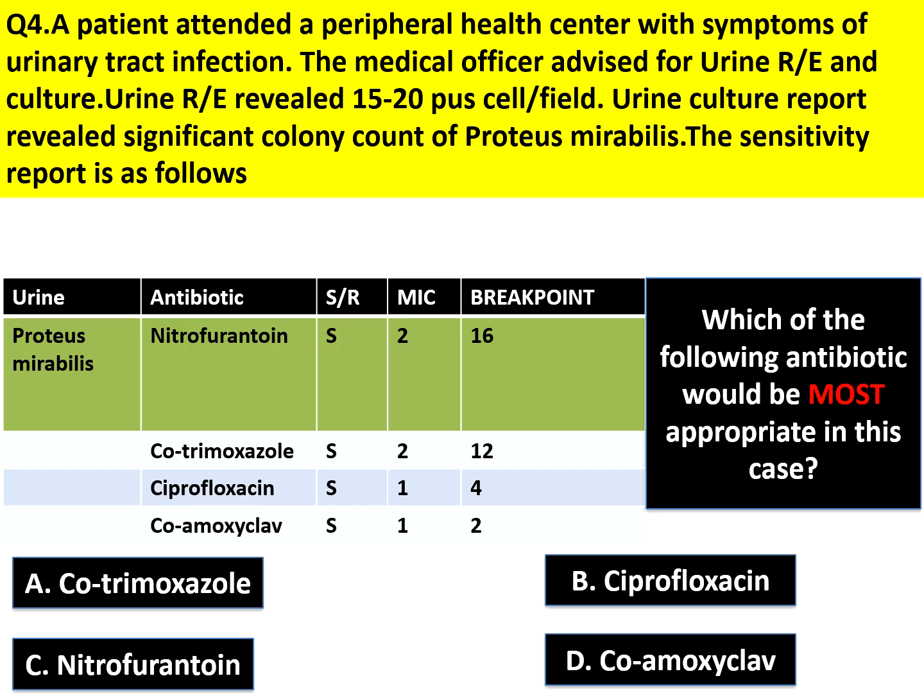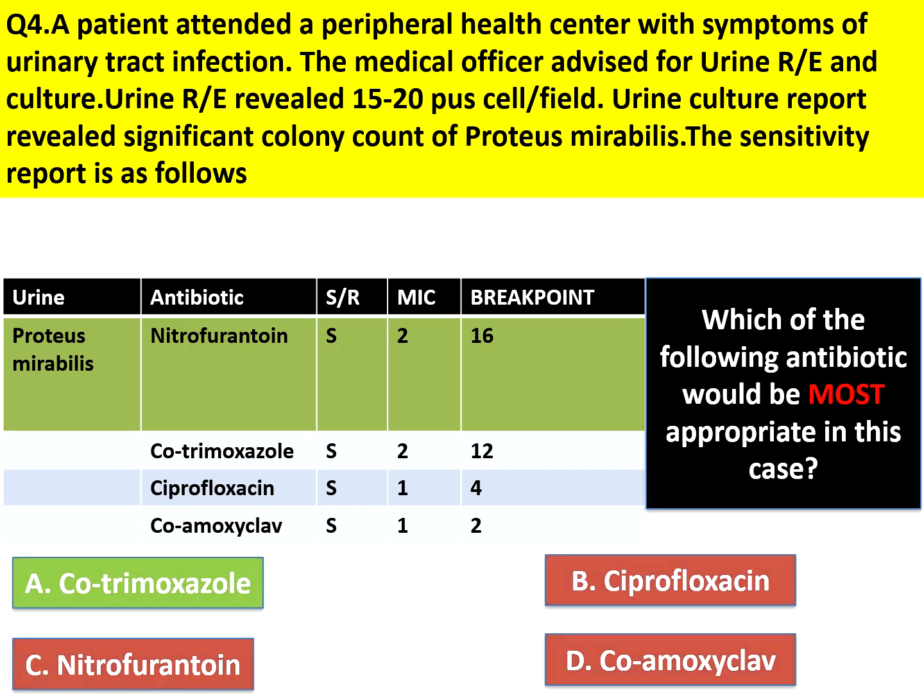Although nitrofurantoin has the highest therapeutic quotient in this case, that is 8, we can't give nitrofurantoin. The next drug with the second highest therapeutic quotient is cotrimoxazole. For cotrimoxazole, the therapeutic quotient is 12 by 2, that is 6, and for Cipro, it is 4 by 1, that is 4. The drug with higher therapeutic quotient will be cotrimoxazole. So the drug of choice will be cotrimoxazole in this case.